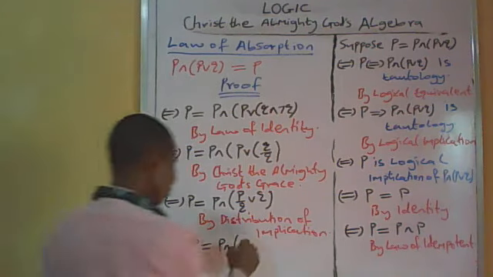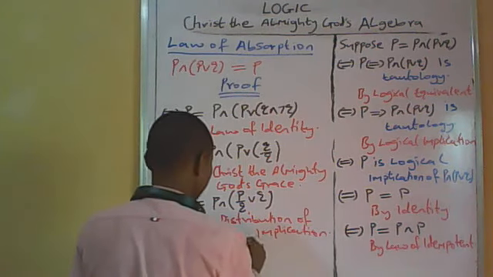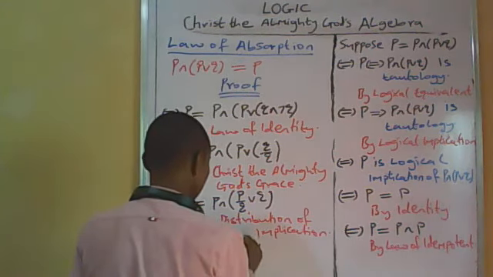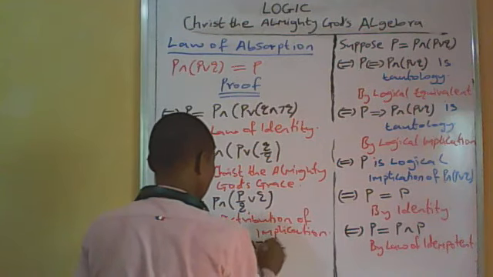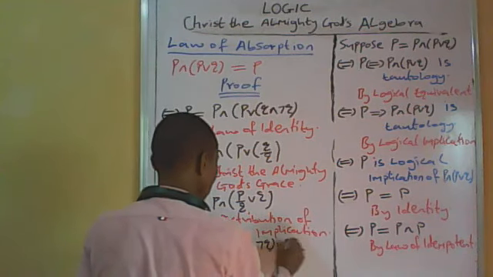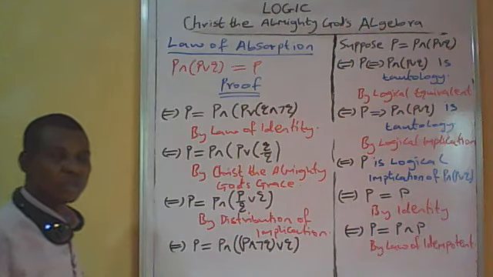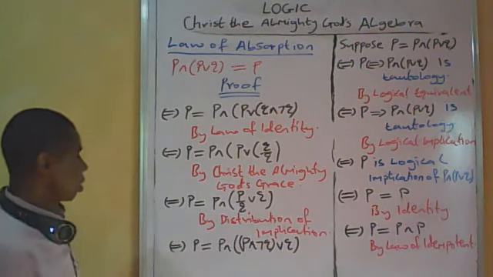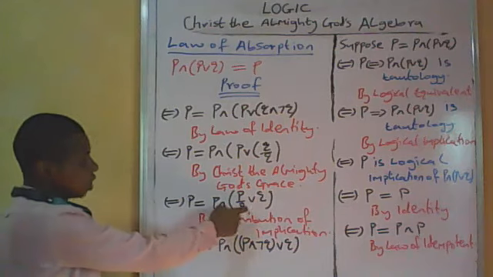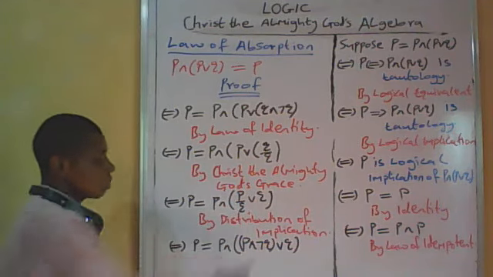So we have P bracket P and not Q or Q. So we justify by Christ Almighty God's grace. It is through Christ Almighty God's grace that we transform this conditional statement to a conjunctive statement.